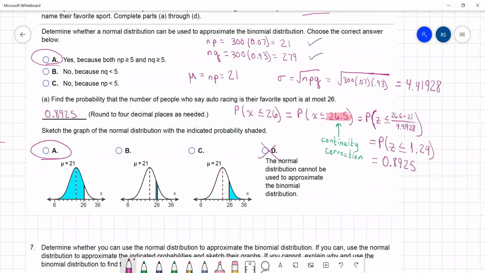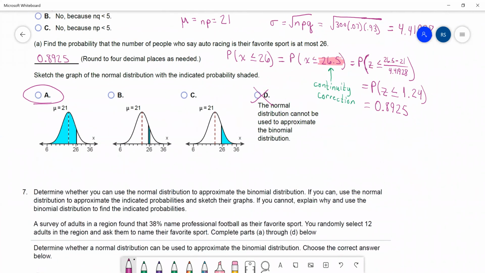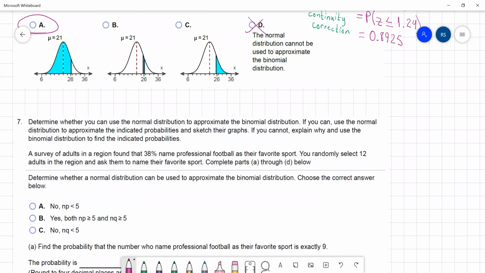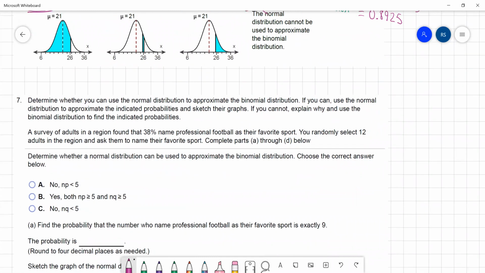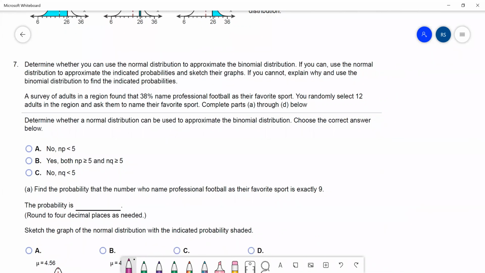Okay, now number 7. So 7 is pretty much the same concept. We've got to figure out, can we do a normal approximation? And then find some probabilities. Okay, so we need to first start there. So what's our probability of success?